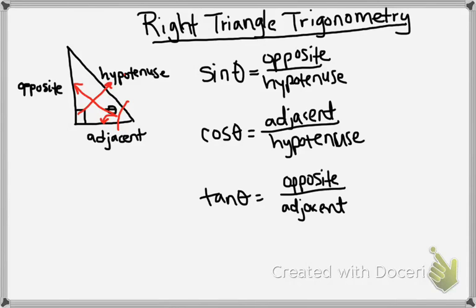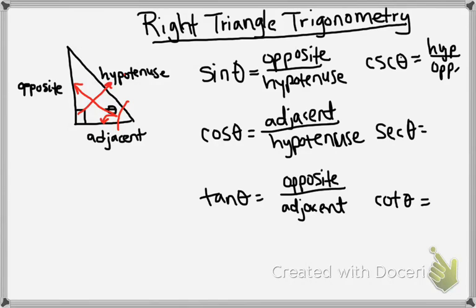But then we can also look at what we call the reciprocal functions, and that would be your cosecant, your secant, and your cotangent. They are just the reciprocals of the previous ones that we looked at. So cosecant is the reciprocal of sine. Since sine is opposite over hypotenuse, cosecant is going to be hypotenuse over opposite.